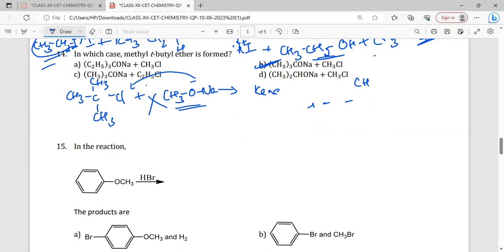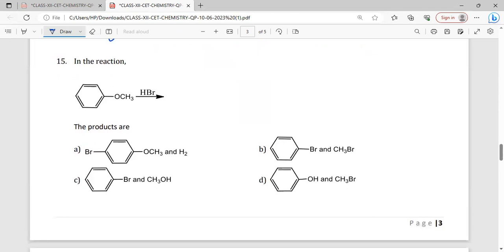Moving on to next question. In the reaction, they have given this particular reaction. We are reacting anisole, right? This particular molecule is anisole with HBr. What can happen? This is a reaction of ether.